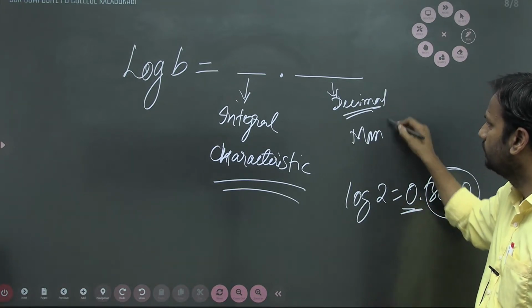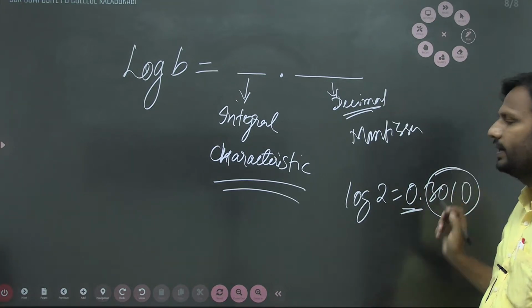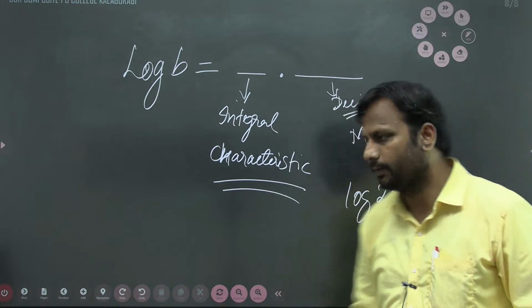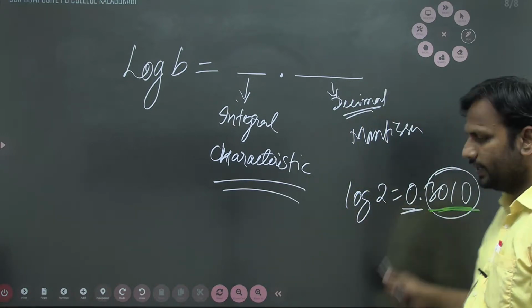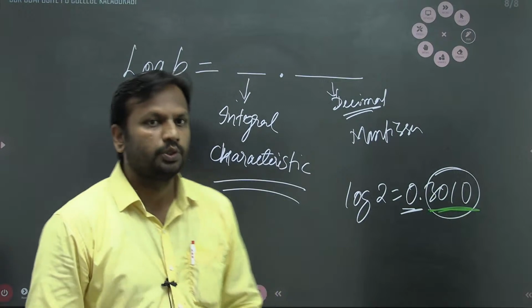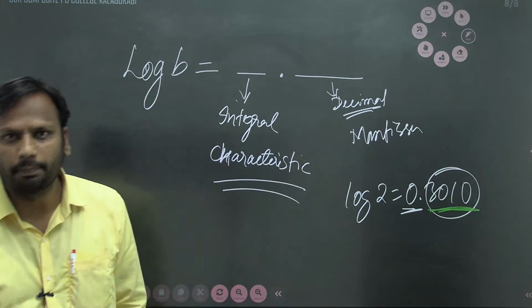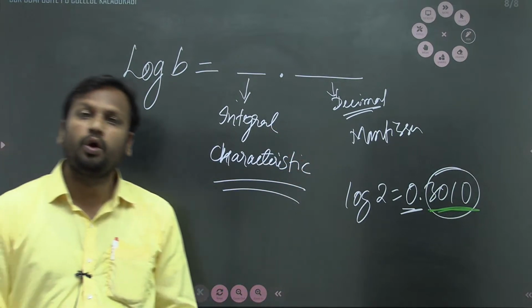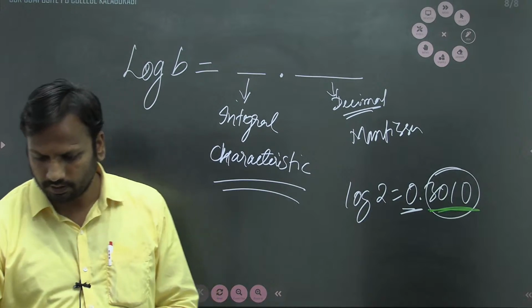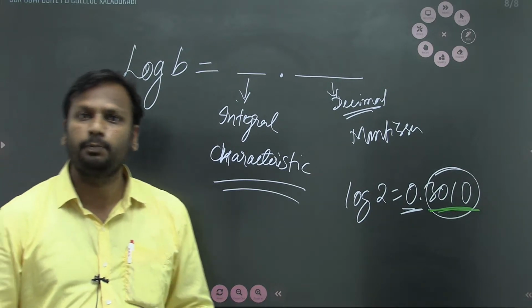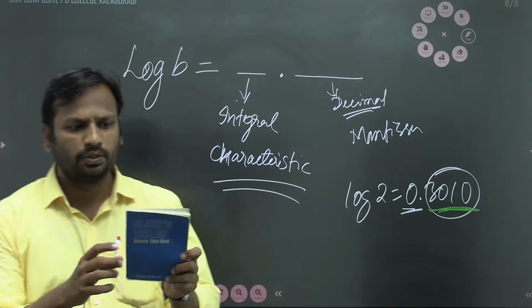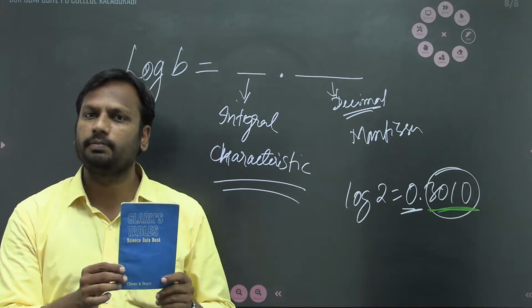Mantissa. So how to find this Mantissa, students? How to find the Mantissa? So how do we get this Mantissa part? We obtain the Mantissa part with the help of the log table, students. We have one of the log table books. You can see this, right? So this is called the log table book, students.